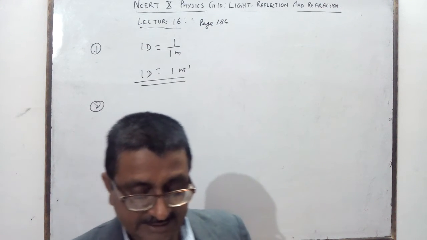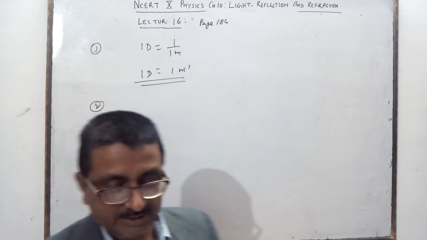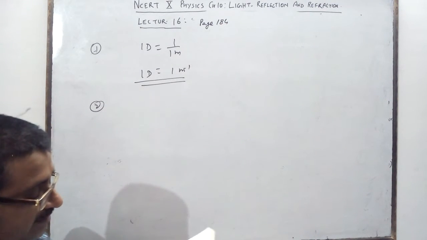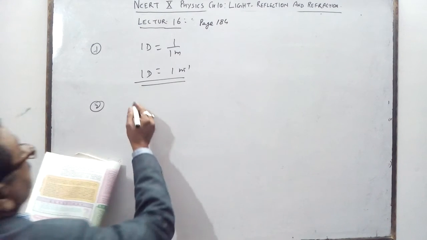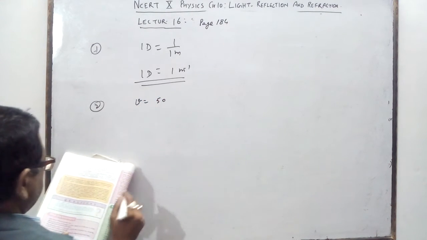Second question. A convex lens forms a real and inverted image of a needle at a distance of 50 centimeter from it. V is given as 50 centimeter.